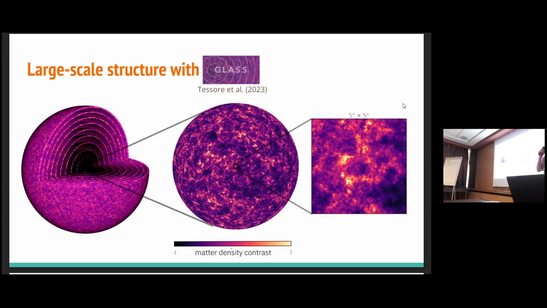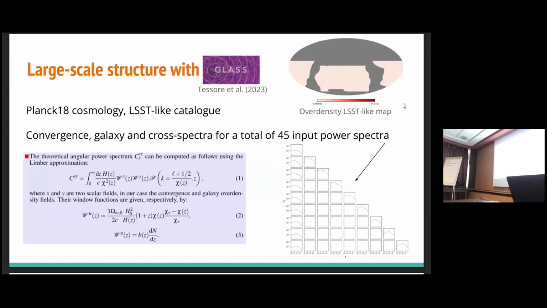It depends on whether you also provide the cross correlation spectra. We use eight shells, one for each tomographic bin, plus one, which is the convergence shell. So with 9 shells we have a total of 45 input power spectra.